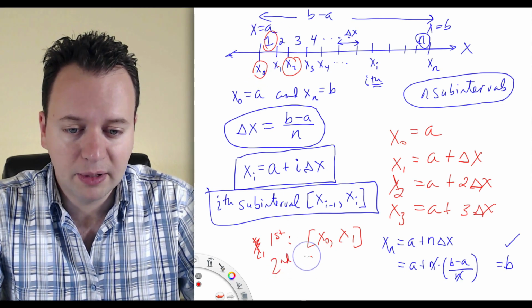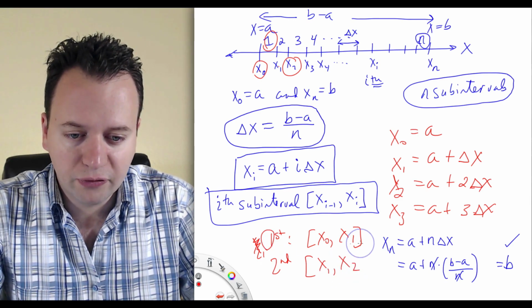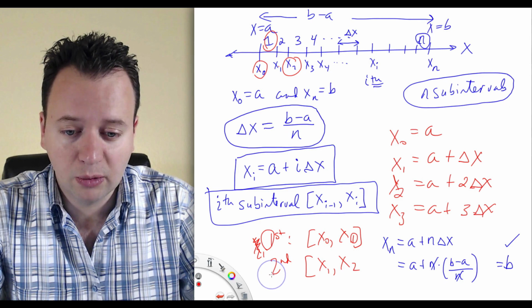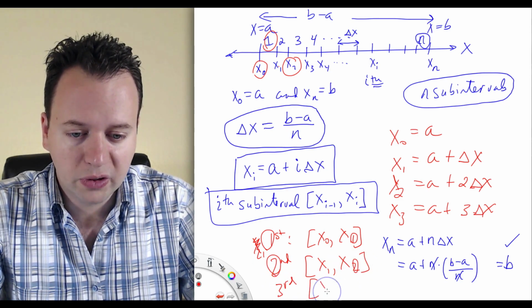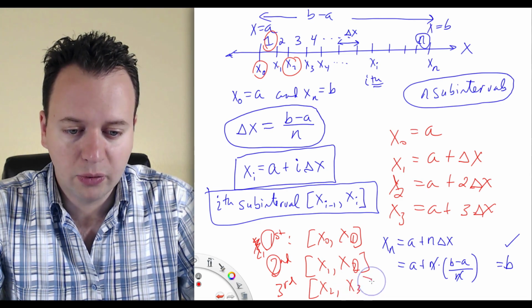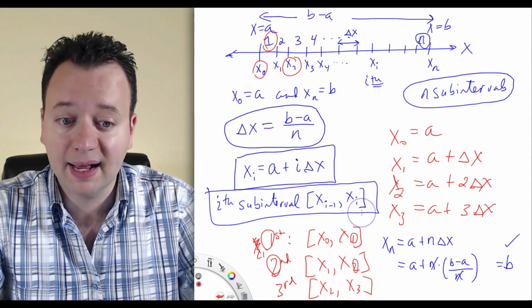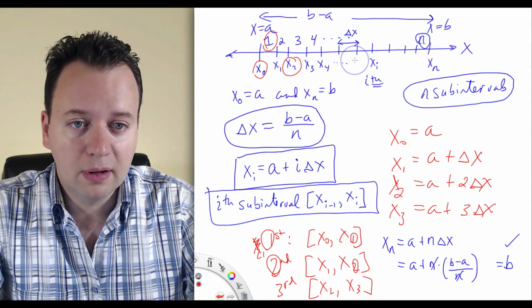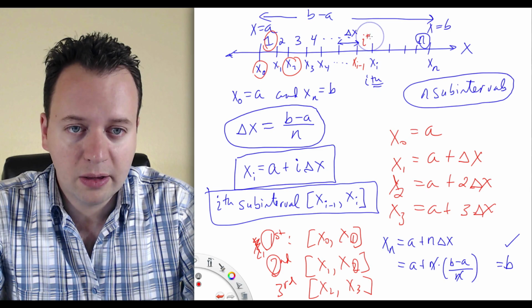The second subinterval is between x sub 1 and x sub 2. Notice that the first ends at x sub 1, the second ends at x sub 2, and the third one goes from x sub 2 to x sub 3. So the ith one goes from x sub i minus 1 to x sub i. If we say this is x sub i minus 1, this is our ith interval right here.